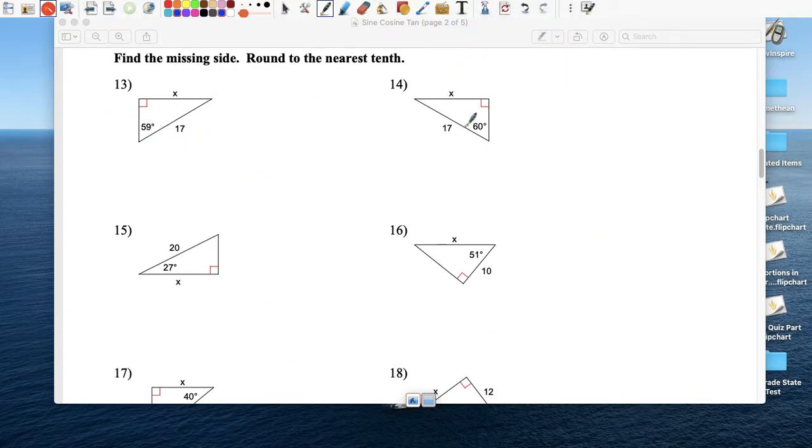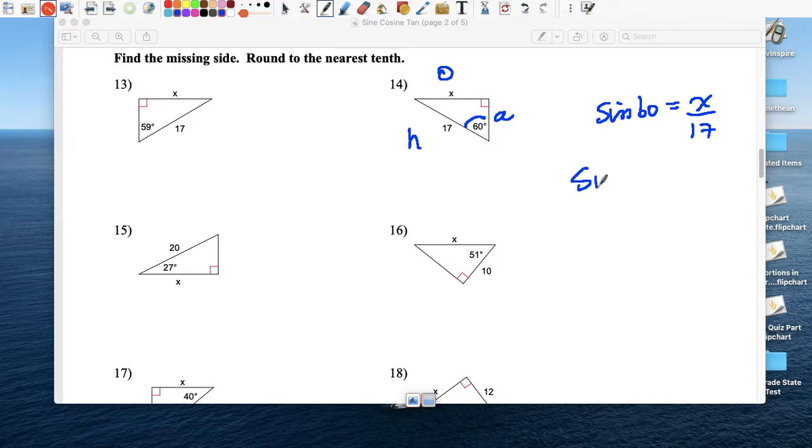Next one, the angle is 60. So this is the opposite, this is the adjacent, this is the hypotenuse. I definitely need the opposite, and this is going to be opposite and hypotenuse because I have no value for the adjacent. So again, it's sine. Sine of 60 equals opposite over hypotenuse, opposite being the x, hypotenuse being 17.